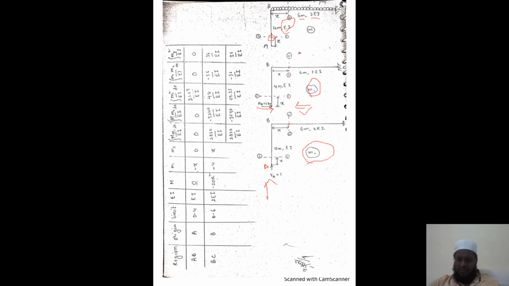We'll move to the span BC. In span BC, we have a UDL over the entire span, and 2EI is again important. Whatever the modulus of elasticity they give you, you have to write down those values. What is the meaning of EI? EI is modulus of elasticity, Young's modulus of the beam, multiplied with the moment of inertia.